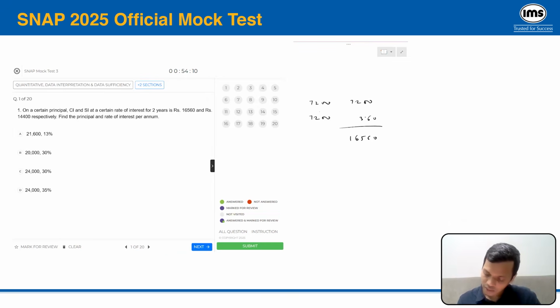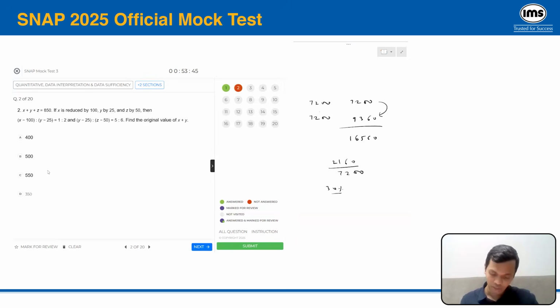This will be 3 and this will be 9,360. Right. So this is what you're getting incremental. So this is 2,160 on 7,200. So 72 into 3 is 216. So this has to be 30%, right? And 30% of something is 7200. So 24,000 and 30%. This should be correct.